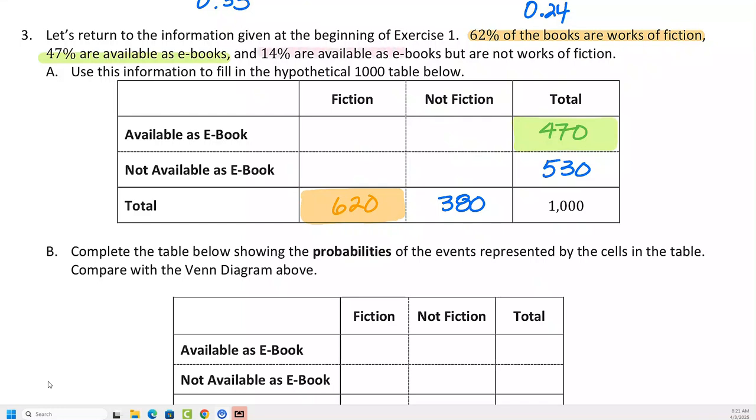It's that 14% available as ebooks, but not as works of fiction. And so I have to figure out what cell that is. This is 1, 2, 3 is filled in, 4, and 5. So all the other cells are filled in. So of those 4 cells, 1, 2, and 4, 5, which one of those represents ebook but not work of fiction?